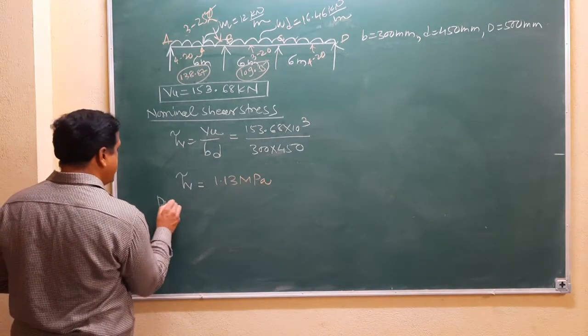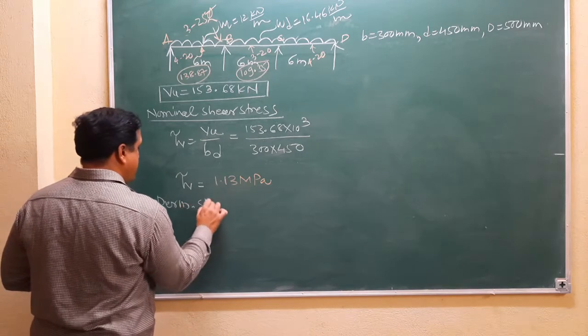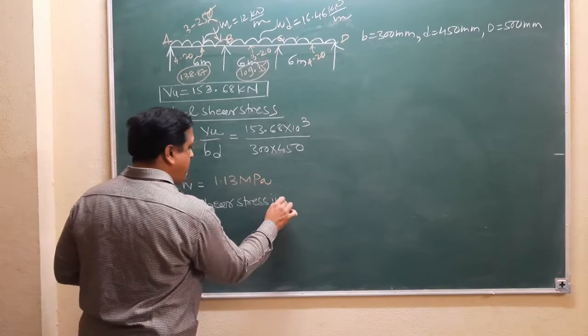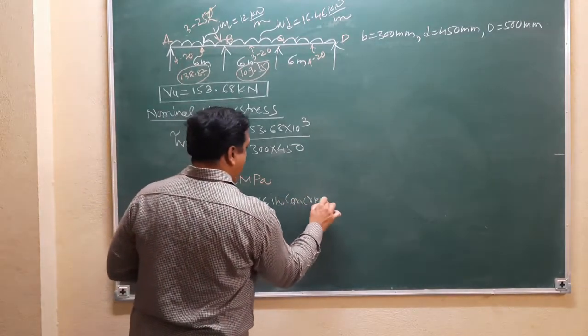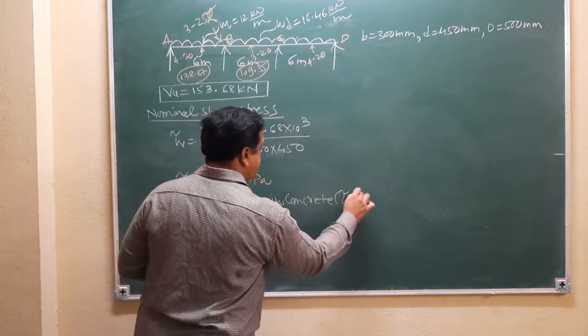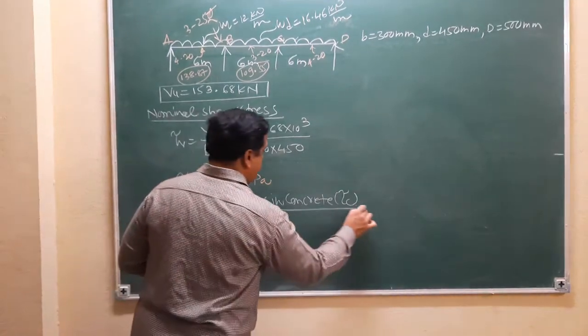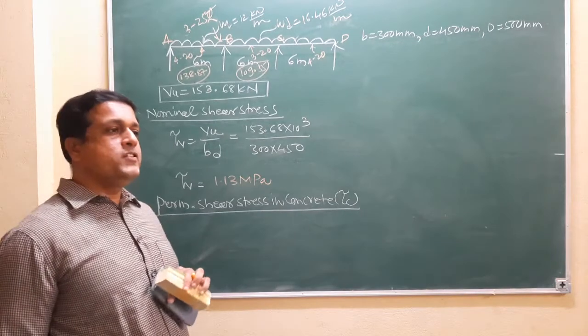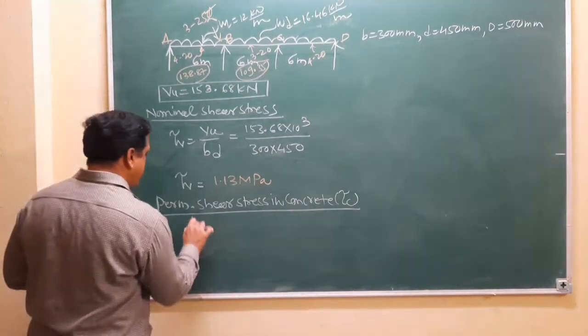Now permissible shear stress in concrete, which is tau C. How is it calculated? The tau C depends on PT, so first you have to find out PT.